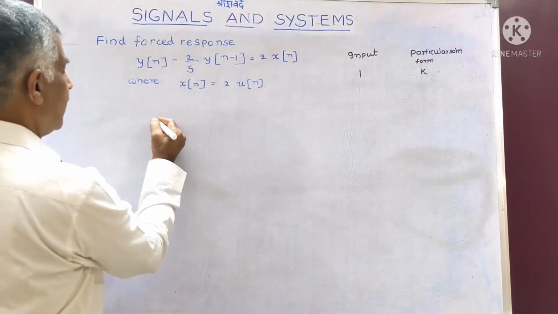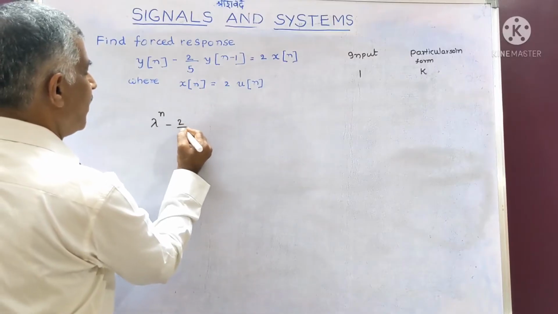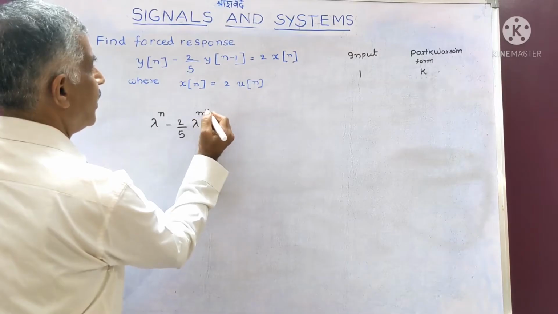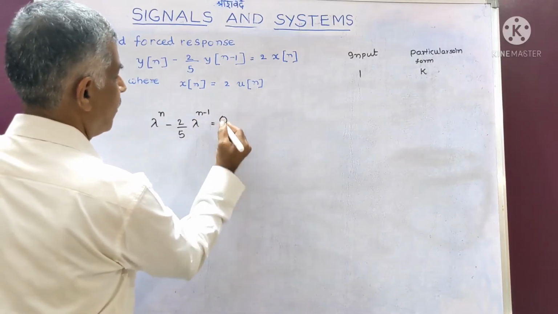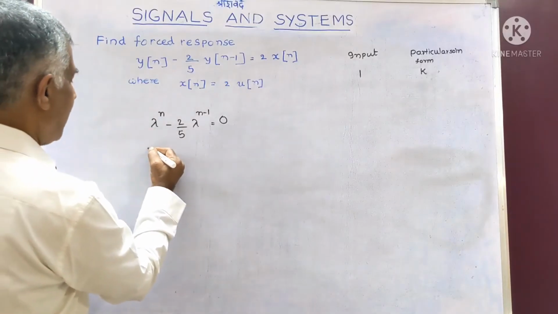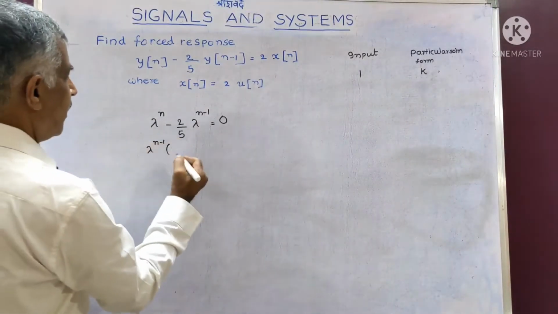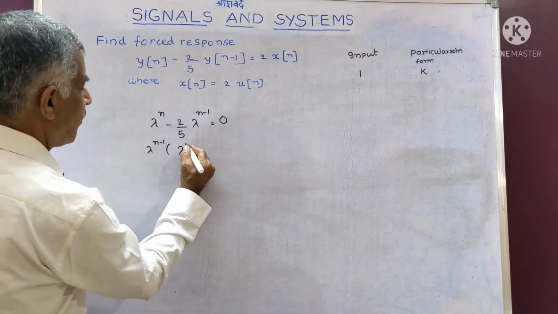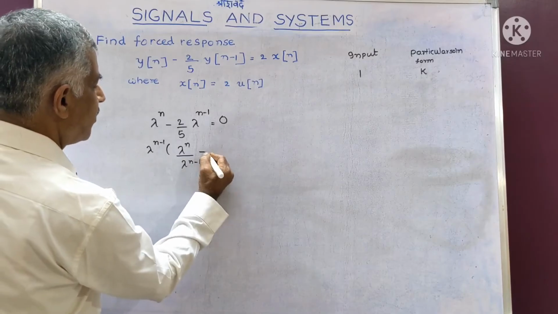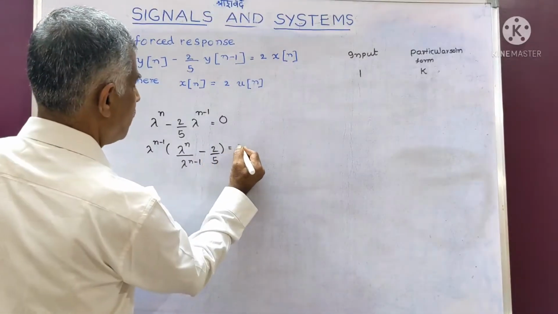Therefore, lambda to the power of n minus 2 by 5 lambda to the power of n minus 1 equal to 0, because of zero input conditions. Next, take out lambda to the power of n minus 1 outside. We get lambda to the power of n minus 1 times lambda minus 2 by 5 equal to 0.